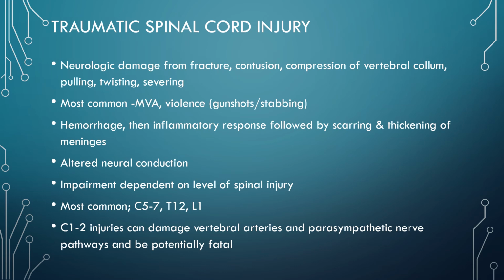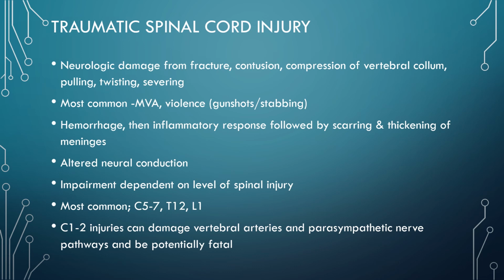With a traumatic spinal cord injury, you typically have hemorrhage or bleeding, and then the inflammatory response with swelling to that area. As things heal, you can develop scar tissue and thickening of the meninges that travel along your spinal column, and that can continue to cause damage and pain and loss of full motor function or movement.